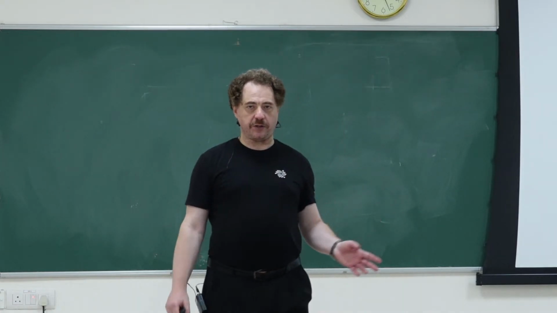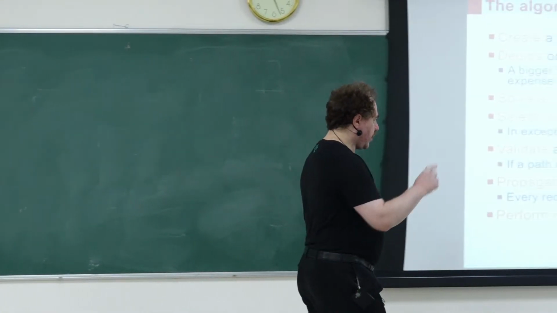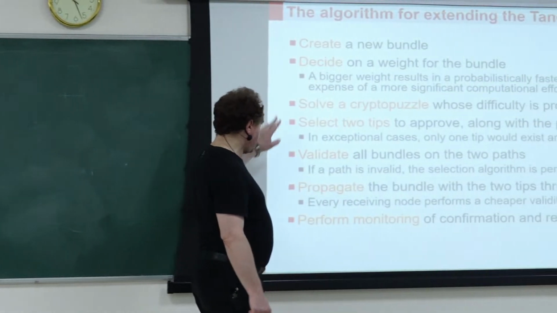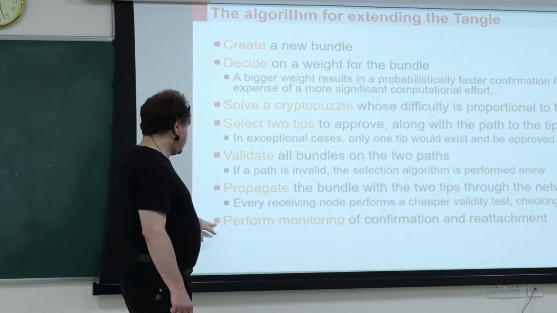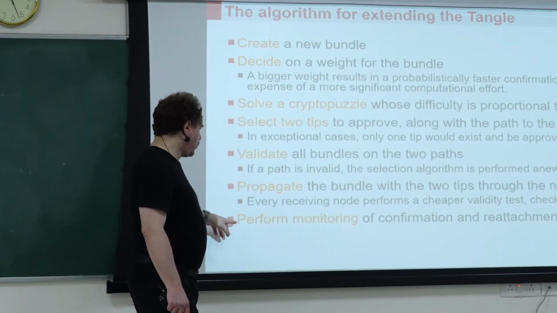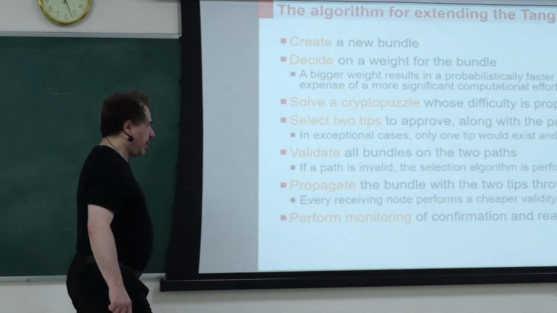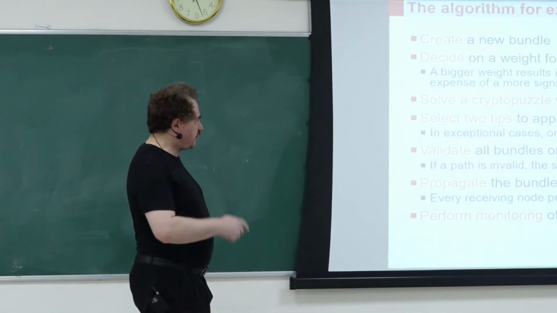There is no punishment. I'm going to say soon what happens in case of double spending, but there is another step. The creator of the transaction needs to perform monitoring of confirmation and reattachment. I'm going to explain that step soon.